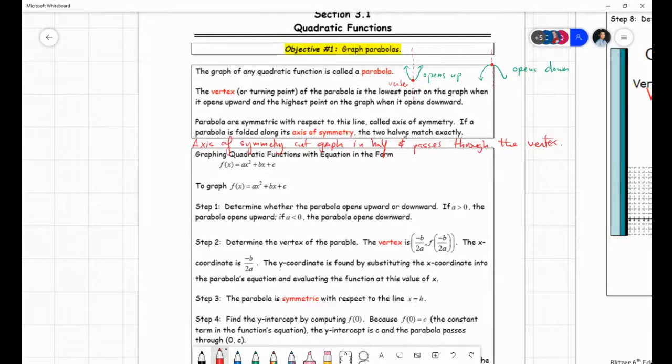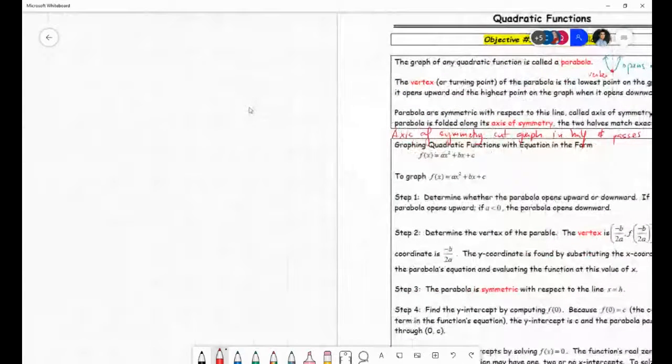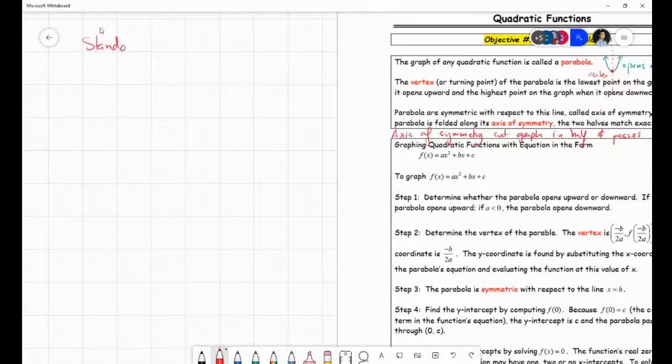Okay. All right, so we're going to look at the general form, the standard form of a quadratic. So standard form of a quadratic is ax squared plus bx plus c.